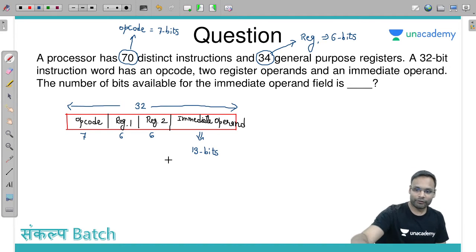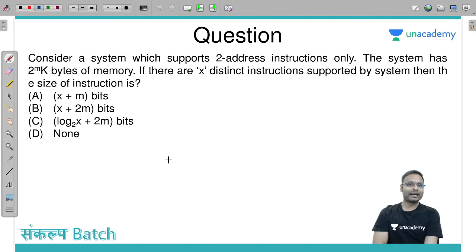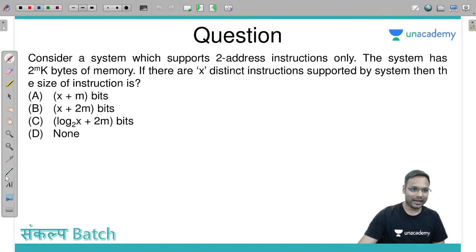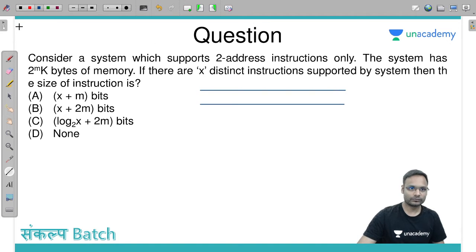ठीक है? ओके फाइन. नेक्स्ट वन, कंसीडर अ मेमोरी सिस्टम विच सपोर्ट्स टू एड्रेस इंस्ट्रक्शंस ओनली. ओके, तो बना लेते हैं फॉर्मेट, टू एड्रेस इंस्ट्रक्शंस ओनली. ऑपकोड एंड टू एड्रेसेस.